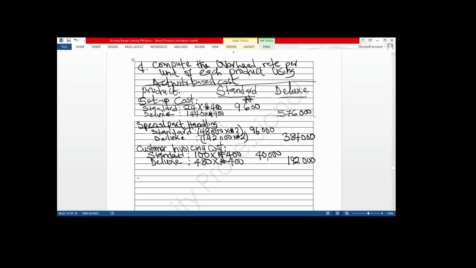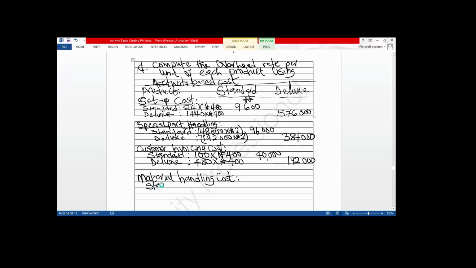Then the fourth one, we have material handling cost. What is the cost driver rate here, please? 2,000 naira per batch. I'll come here.